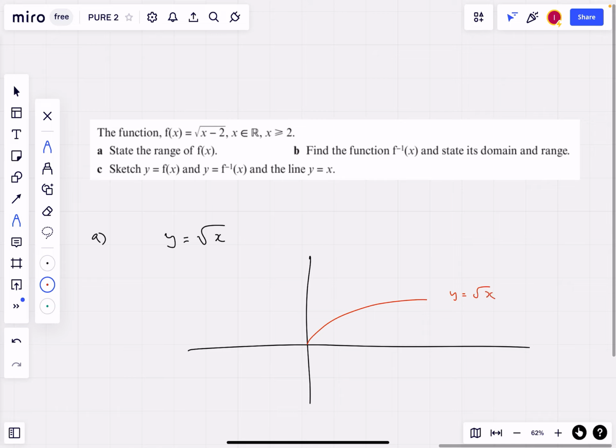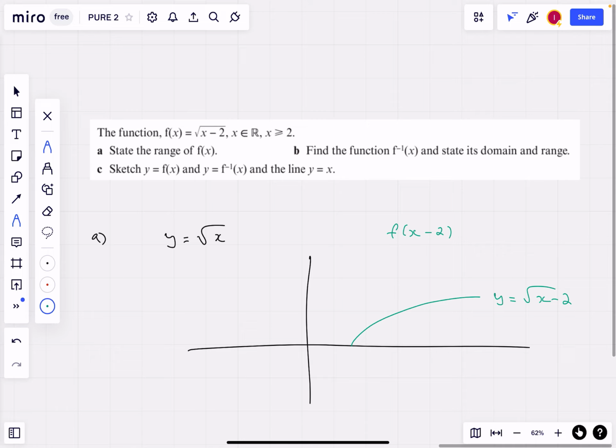So if I want x minus 2, I'm basically doing f(x) minus 2. So I'm moving everything to the right by 2. So something like this. So now if I get rid of this red bit, this is y equals root x minus 2.